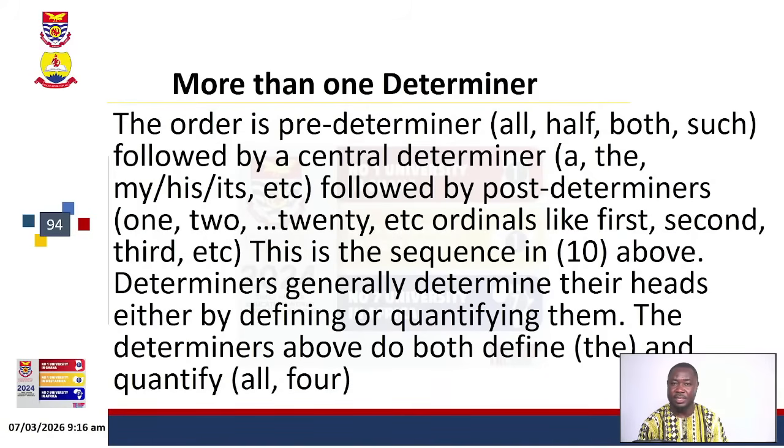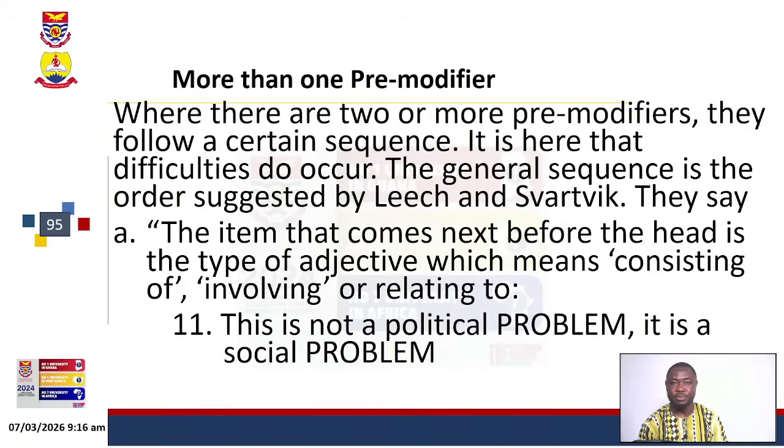Determiners generally determine their heads either by defining or quantifying them, and the determiners above do both. They define and then they quantify. Okay? When you have more than one pre-modifier, there's also an order.